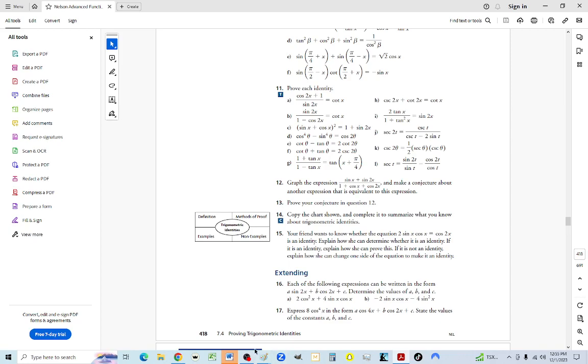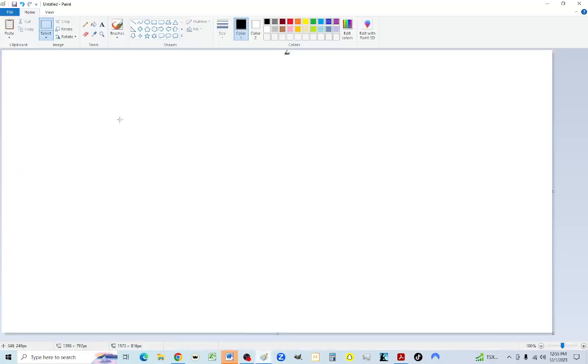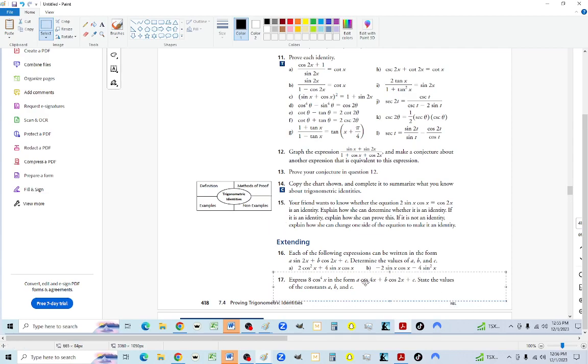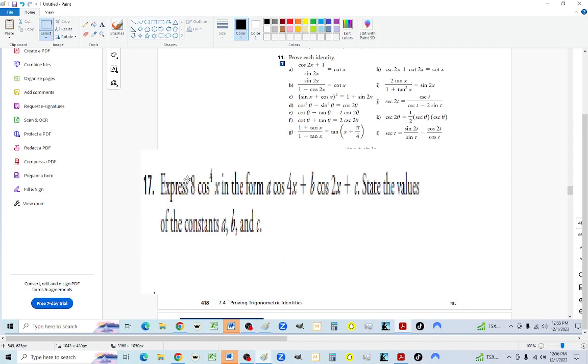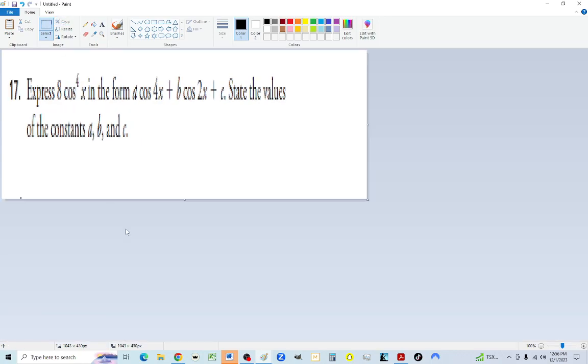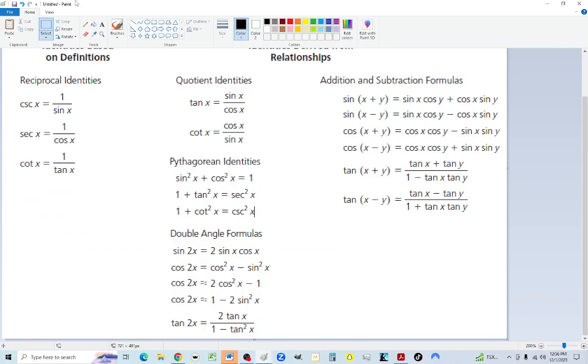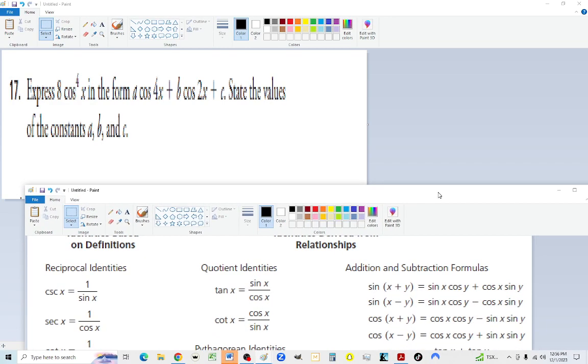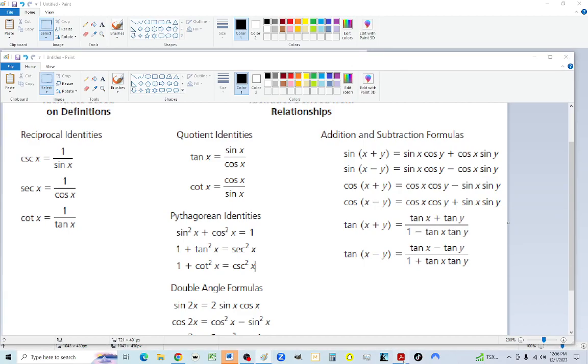Try 17. So we're talking about a cos 4x and a 2x. Oh my god, no, I'm not going to do 17. That's a huge waste of time.